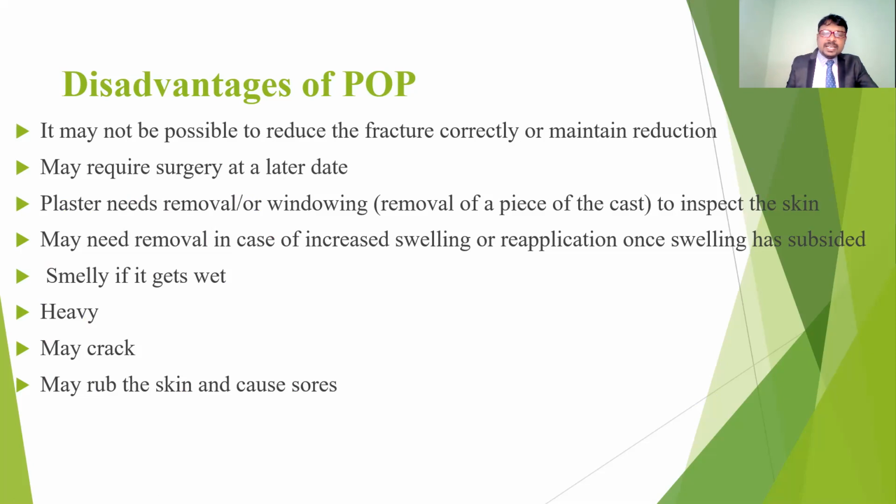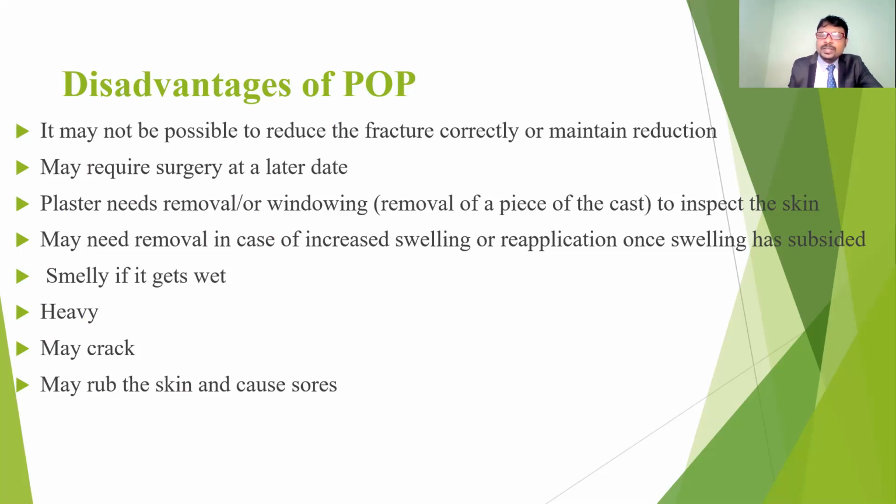And also the plaster needs removal or windowing in case we need to inspect the skin. If anybody has any infection or allergies in the skin, we can remove the POP. It may also need removal in case of increasing swelling, or reapplication once the swelling has subsided.